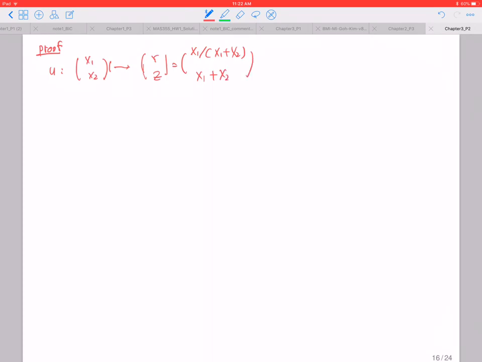Then we need to compute the inverse transform from y and z, so that x1 should be y times z, right? Basically we want to compute x1 and x2 in terms of y and z. So x1 is y z, and the other one is z minus y z, right? Z minus x1.